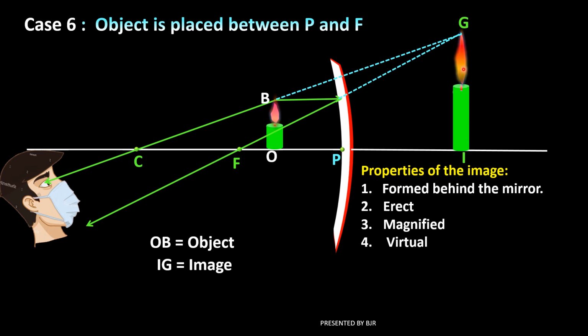Virtual images are formed only when the reflected rays are extended backwards. At that time, virtual images are formed. So the image is virtual. So these are the properties of the image formed in this case.